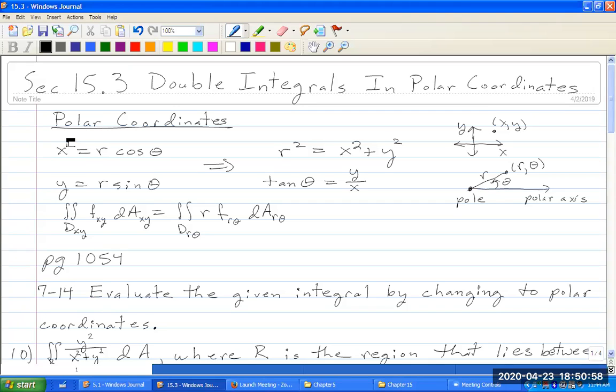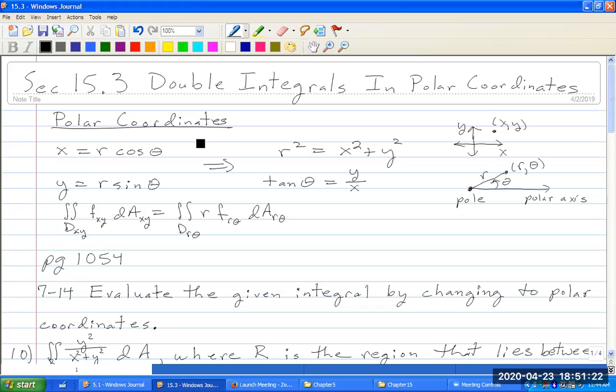So suppose I have some rectangular coordinates, x and y. I can relate it to polar coordinates as follows. Well, x, I can let it be r cosine theta, and y to be r sine theta.